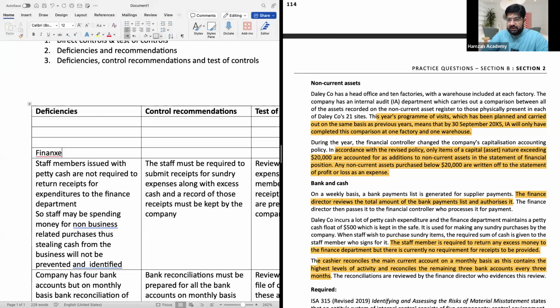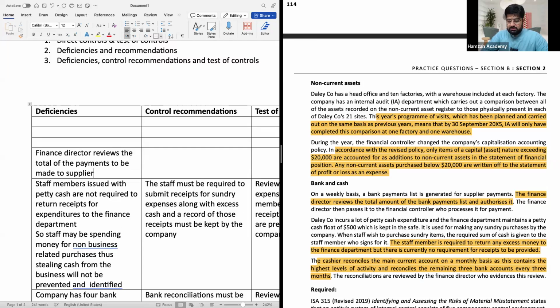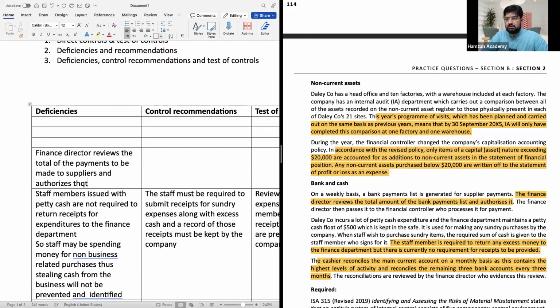So the finance director reviews the total of the payments to be made to suppliers and authorizes that.